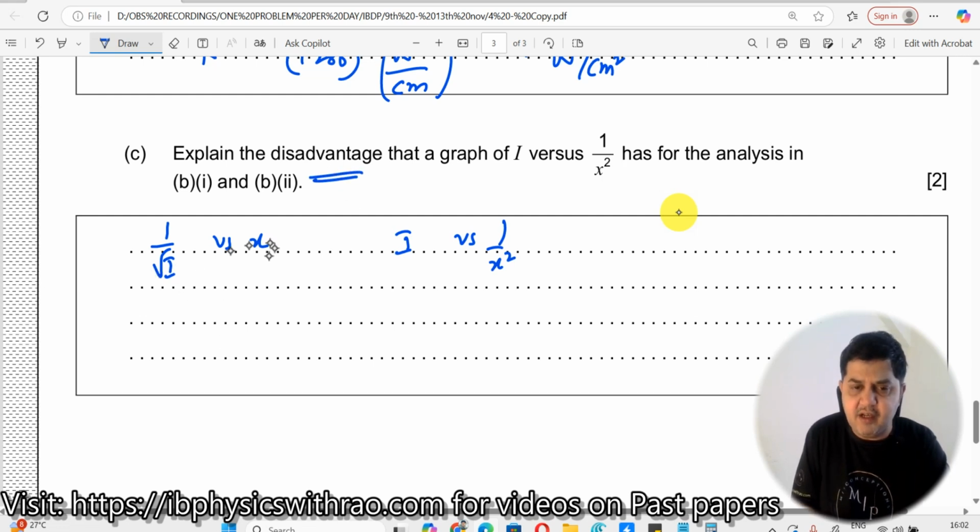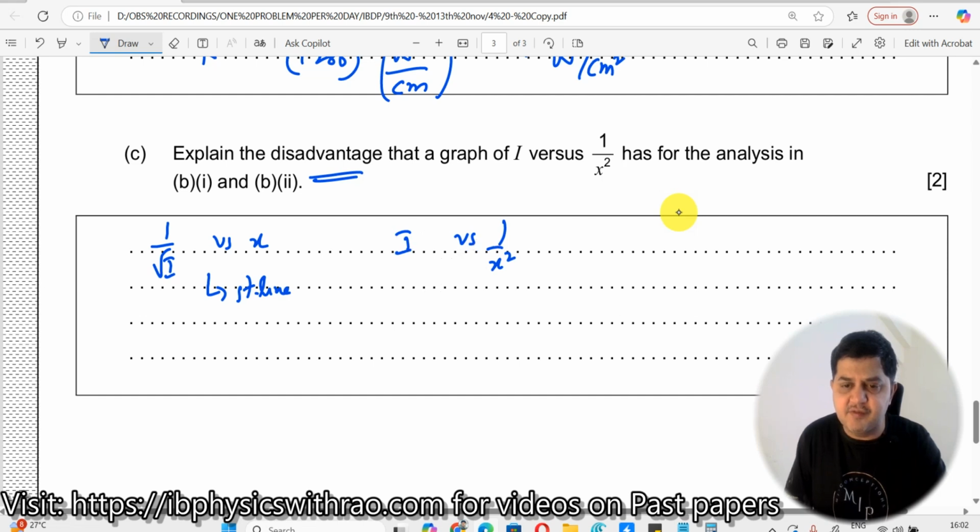Now here when we drew this one, we got a straight line, and thus we are able to calculate many parameters. But when I draw a graph of I versus 1 by x square, what kind of graph will I get? Let's look at that also. What was the equation? 1 by root I is equal to k into x plus c. This is what we got, right? So this was y, this was x, and so on. So we got a straight line equation.